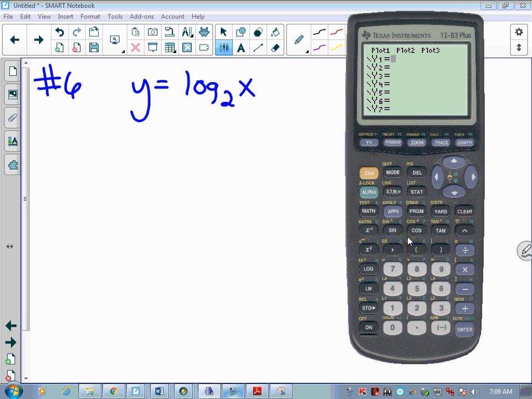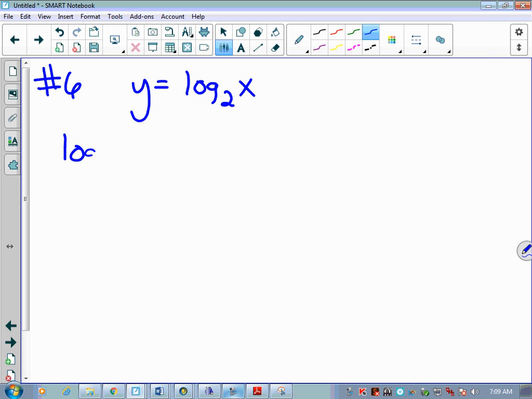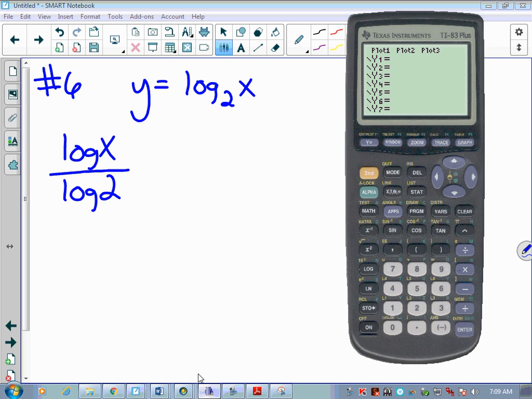For this, I'm actually going to have to rewrite it because I've got an older calculator. I'm going to have to plug this in as log x divided by log 2 in order to get an actual graph. So I come in here, log x, close parentheses, divided by, parentheses, log 2, close parentheses, graph.